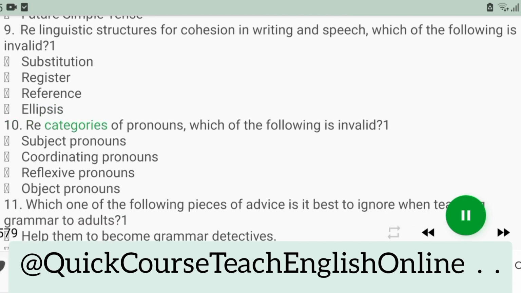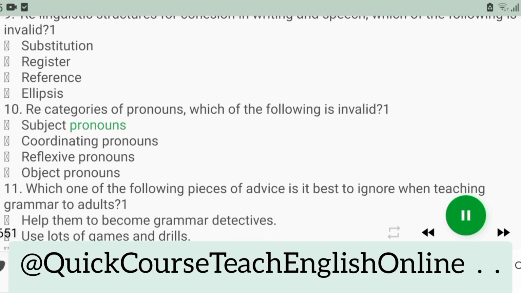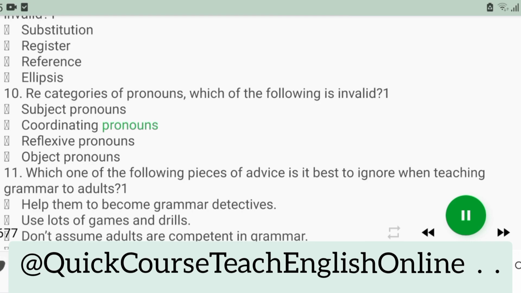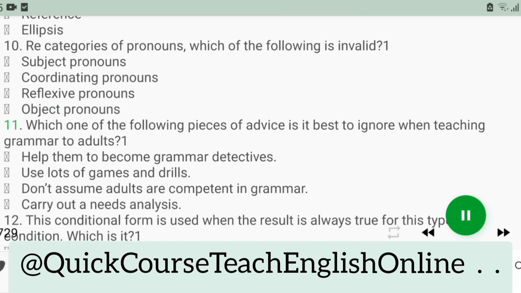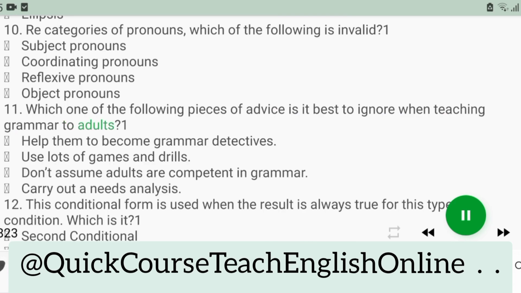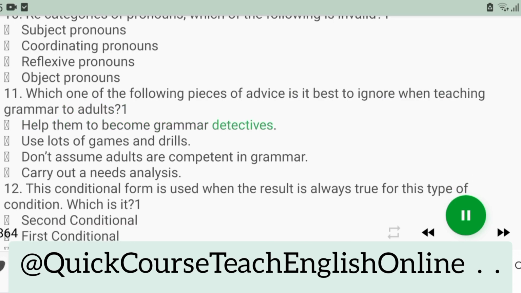10. Three categories of pronouns. Which of the following is invalid? 1. Subject pronouns. 2. Coordinating pronouns. 3. Reflexive pronouns. 4. Object pronouns. 11. Which one of the following pieces of advice is it best to ignore when teaching grammar to adults? 1. Help them to become grammar detectives. 2.